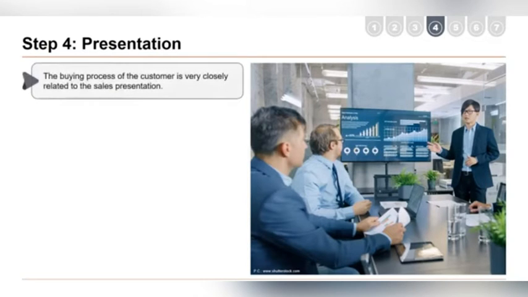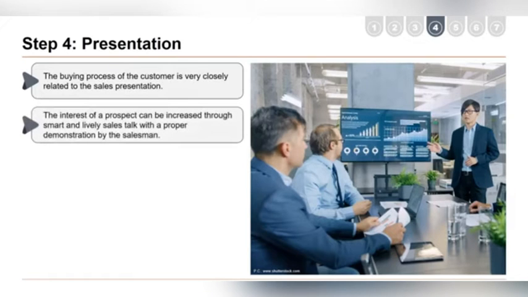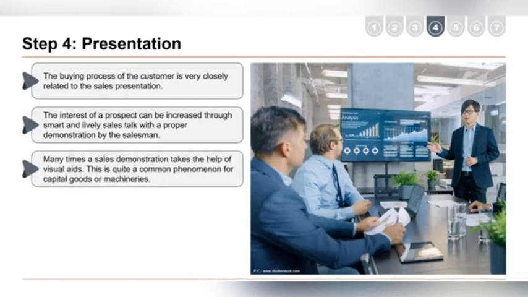Fourth step, presentation. The buying process of the customer is very closely related to the sales presentation. The interest of a prospect can be increased through smart and lively sales talk with a proper demonstration by the salesman. Many times, a sales demonstration takes the help of visual aids.